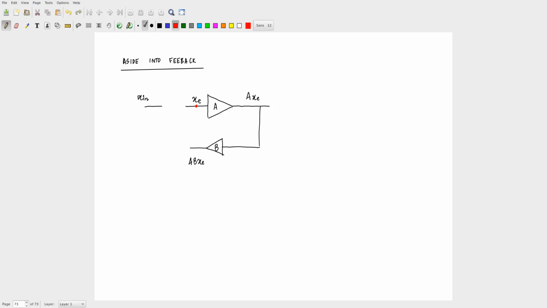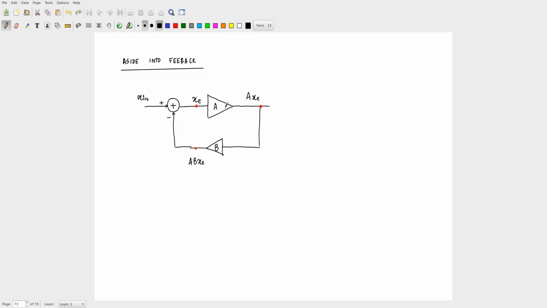And what do I do with this? So I have to take this, and now I want to compare this quantity with X in. So I put a summing junction there, wherein I take X in at the positive input and I take this quantity AB XE at the negative input, and then I close this.